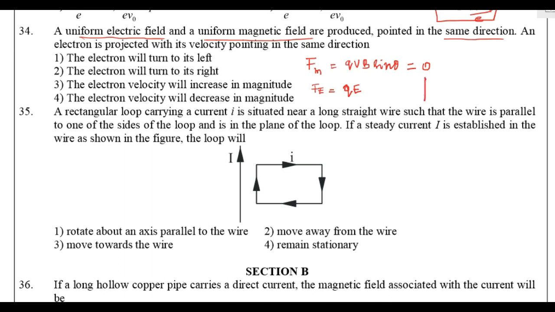So this is positive. From positive, the electric field direction is this. If you project an electron in this direction, then it will be pulled in this direction, so the velocity will decrease in magnitude.